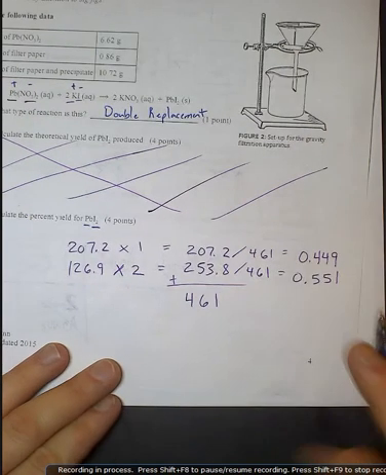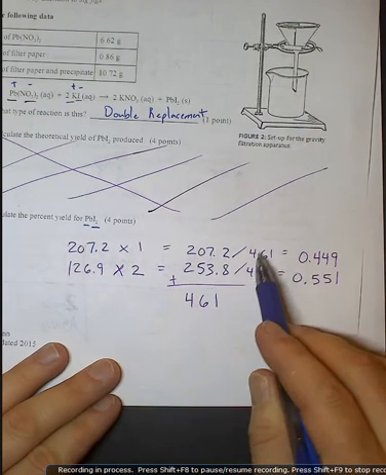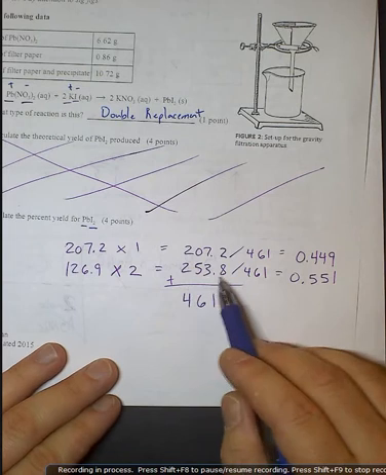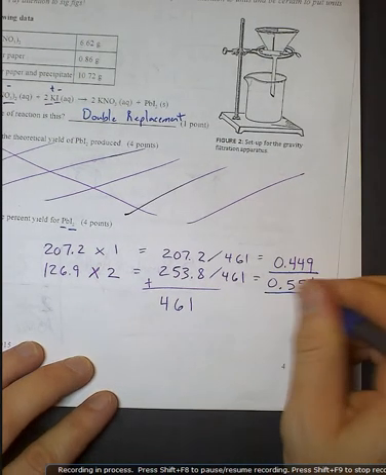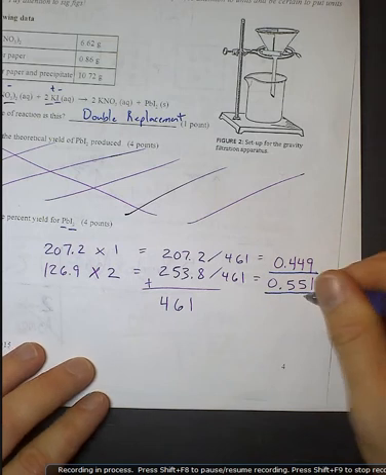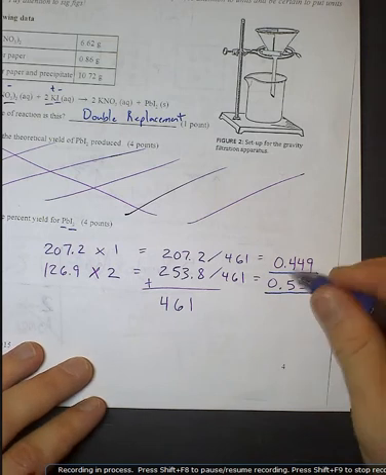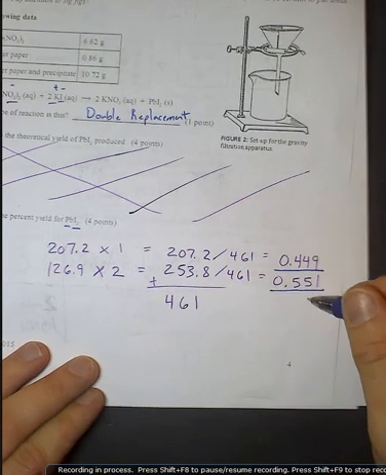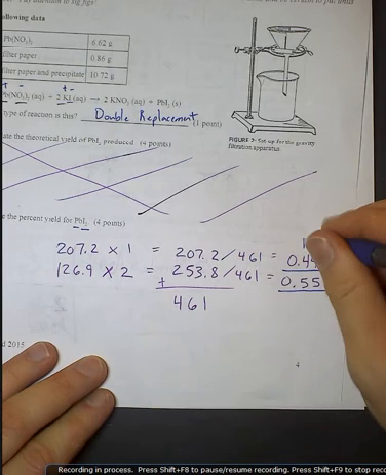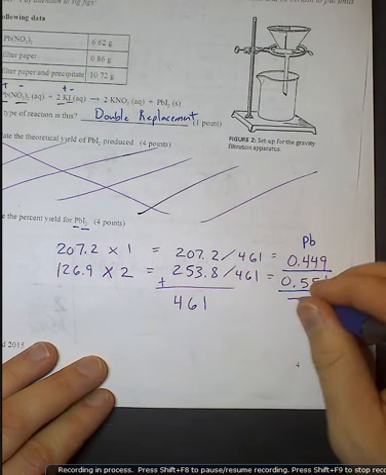So 207.2 divided by the total, 253.8 divided by the total, gets us these 2 numbers. Both have 3 sig figs. To change it to a percent, move the decimal over 2 spots. This is 44.9%. This is 55.1%. Top one is our lead. Bottom one is our iodine.